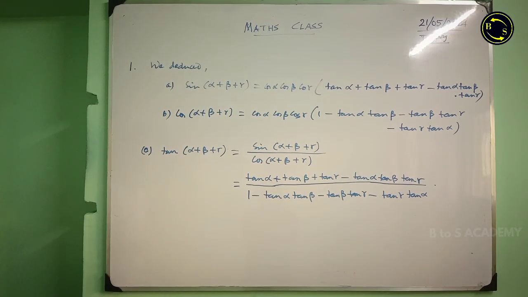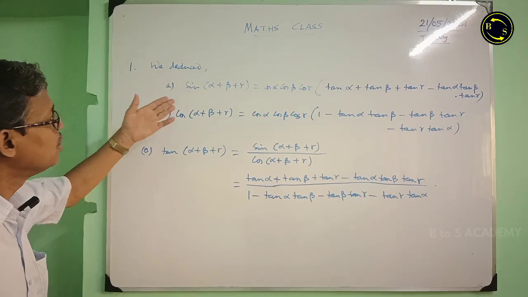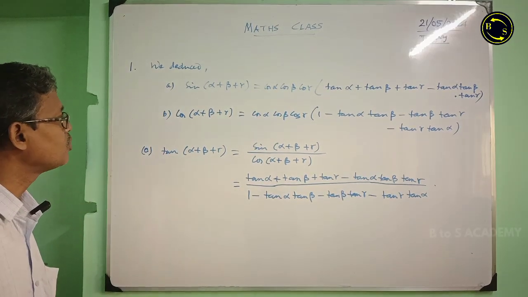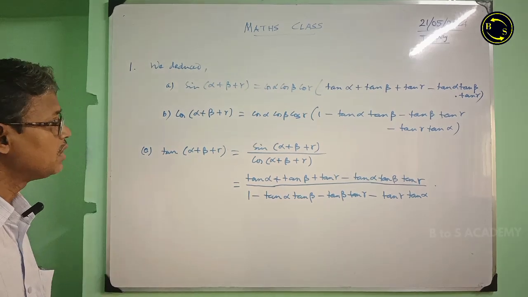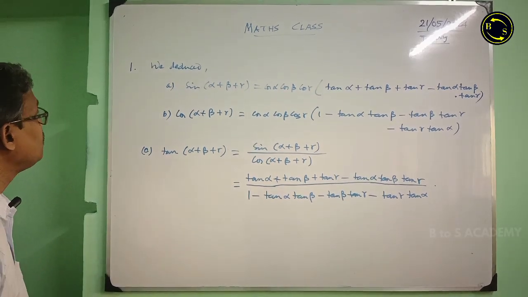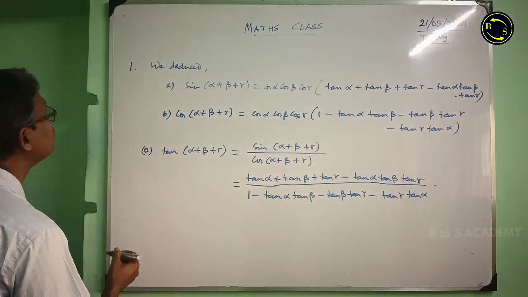Thus we have got the identities for sine of alpha plus beta plus gamma, cos of alpha plus beta plus gamma, then tan of alpha plus beta plus gamma. Then we move to second part.